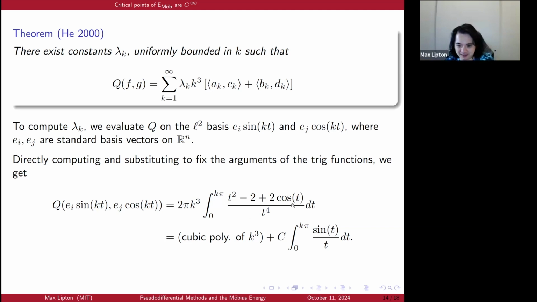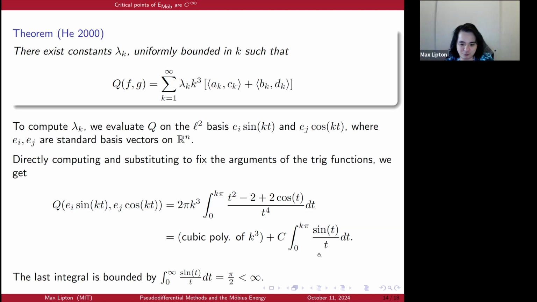The remaining term, which is 2 cosine of t over t to the fourth, after applying an appropriate substitution and factoring out the universal constants, gives a contribution that is the integral from 0 to k times pi of sine of t over t. And that is just bounded, because the integral of sine of t over t from 0 to infinity is exactly pi over 2, and so that's less than infinity.